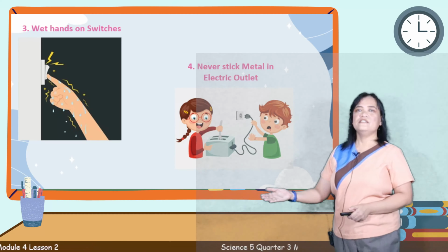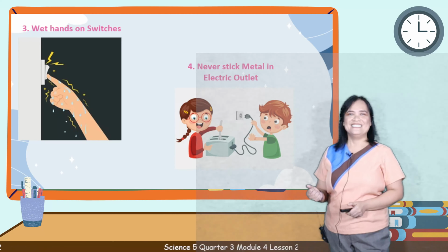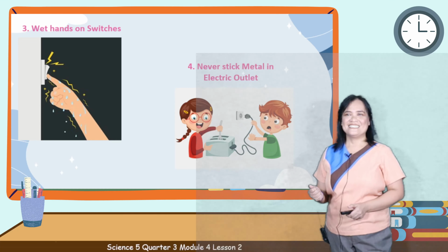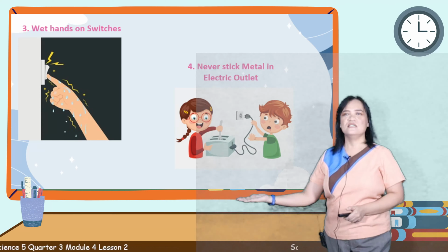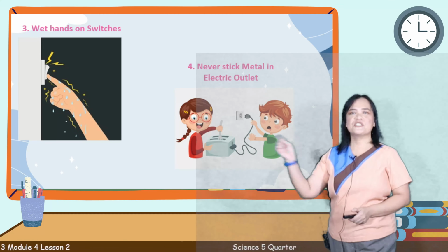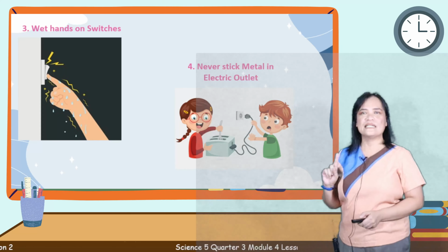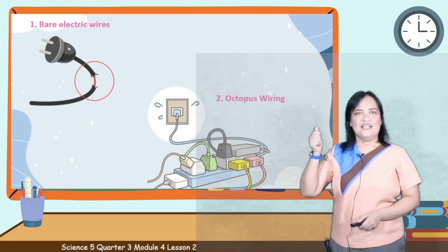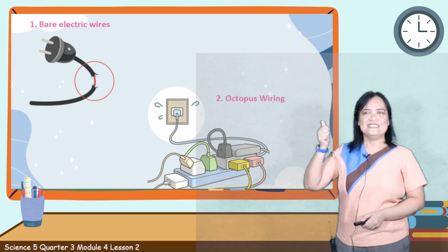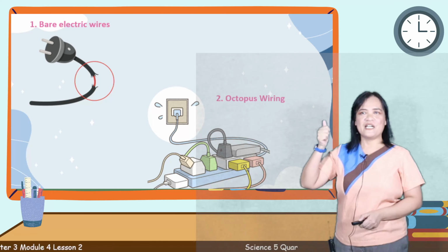Three and 4. So easy. Number 3, wet hands on switches. Number 4, never stick metal on electric outlet. Okay, ready? We're going to check. Check your answer.